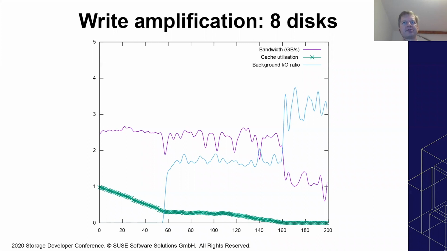But still, the performance is pretty good, and the overall performance isn't really affected by this. But there you also see that the variance in performance tails in with a higher write amplification. So it's actually the write amplification which explains why there is such a high fluctuation in performance.